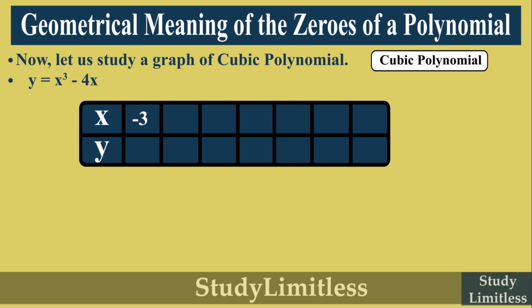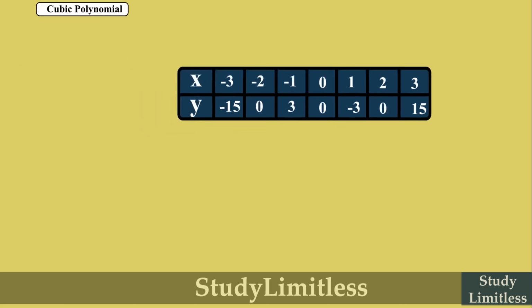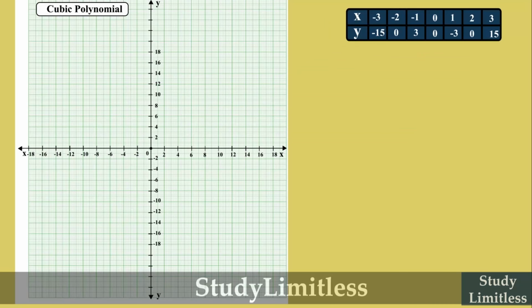For x we get minus 3, minus 2, minus 1, 0, 1, 2 and 3. In y, we have minus 15, 0, 3, 0, minus 3, 0 and 15.